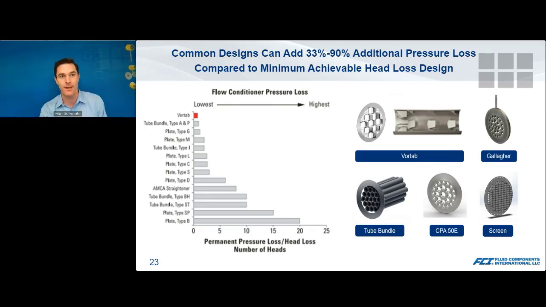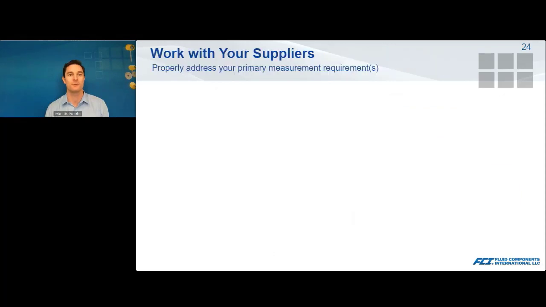It's part of our VorTab line of flow conditioning. There are several different technologies that are out there, your tube bundles, your Gallagher plates. And in studies that we've run, some of the different technologies do bring about anywhere between 33 and 90% more pressure loss. So flow conditioning can help with inaccuracies. But when you select a technology, it is also important that you be informed and take a look at what type of pressure loss the flow conditioning element will introduce.